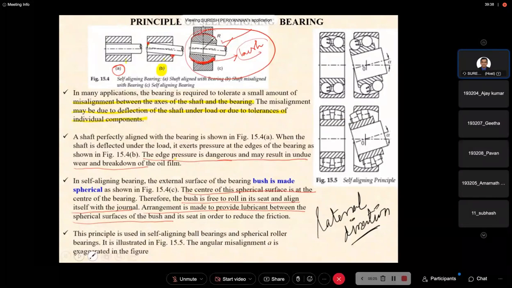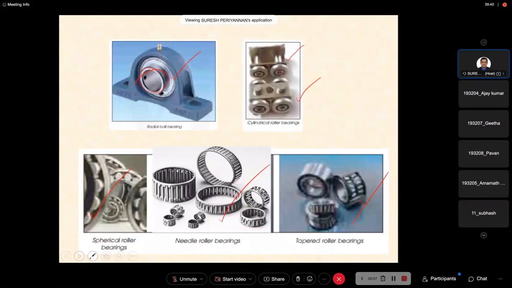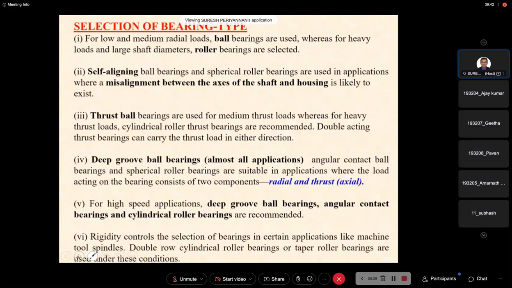Now, yesterday we discussed up to this and we have seen some of the bearing types. Today we are going to discuss the selection of bearing type, that is, how to select bearings based on load, mainly the load condition.